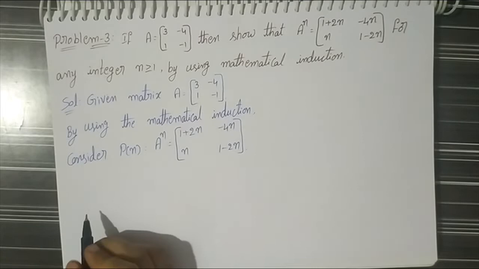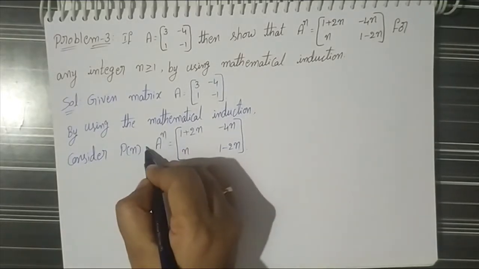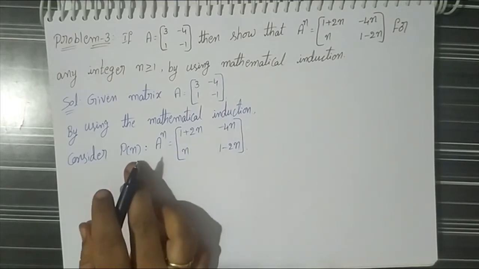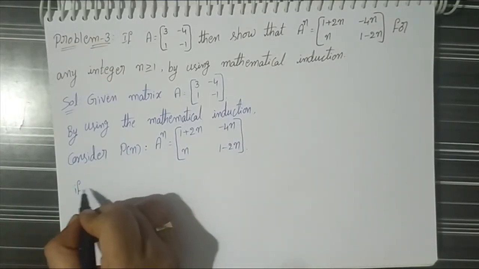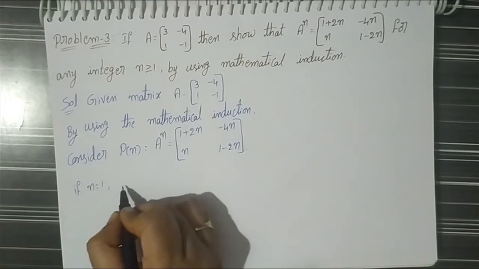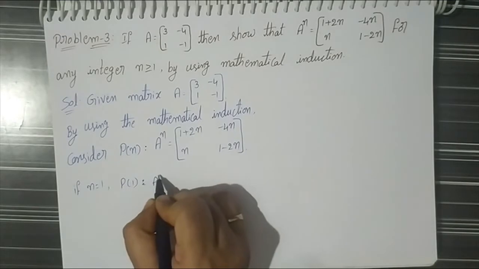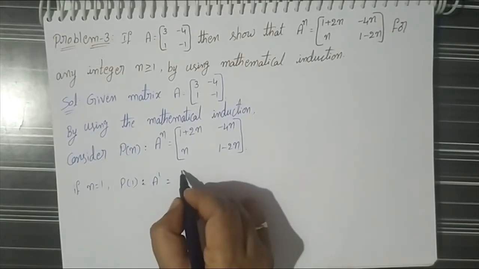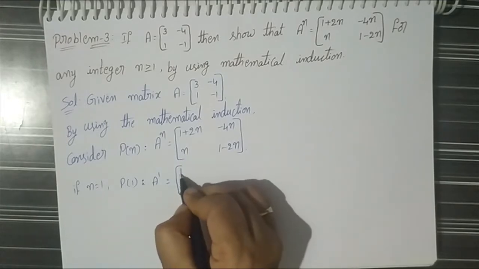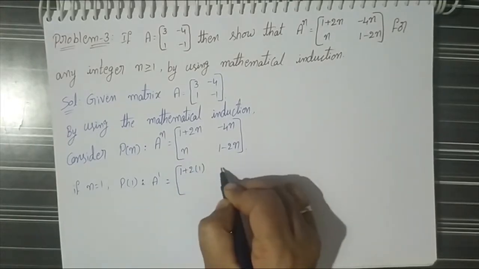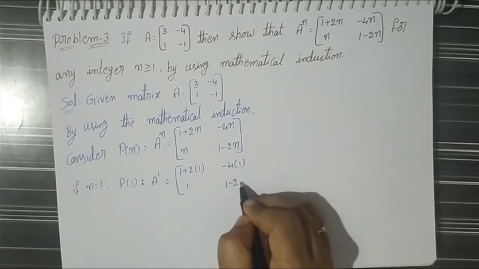First we can show P of n is true for n equal to 1. For that, if n equals 1, then P of 1 such that A power 1 equals, substituting n with 1, [1+2(1) -4(1); 1 1-2(1)].